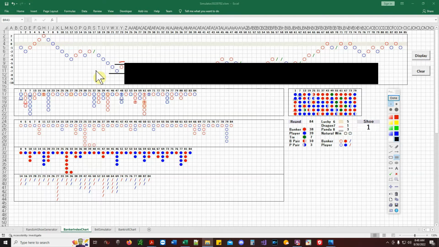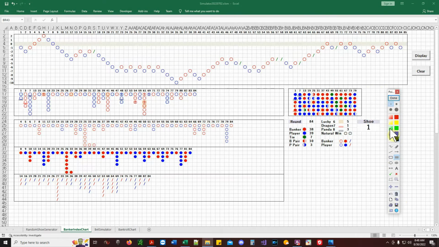Major resistance is going to be, let's look at this. Major resistance is going to be after it tries and can't get above that point, which is -6 twice.